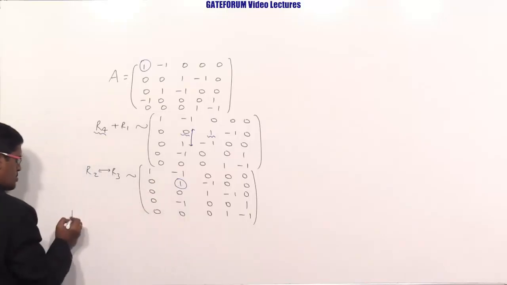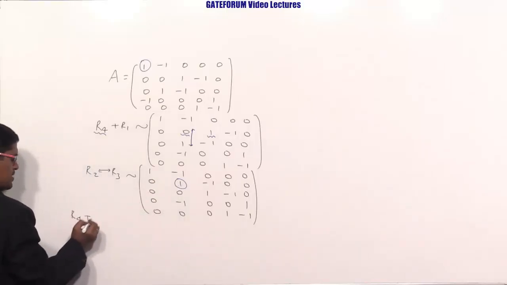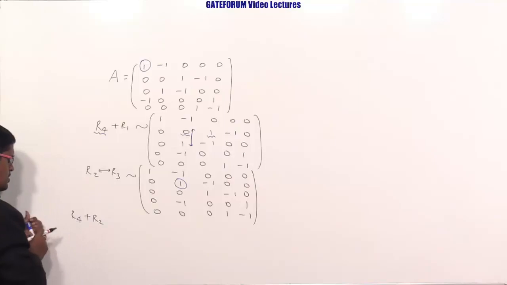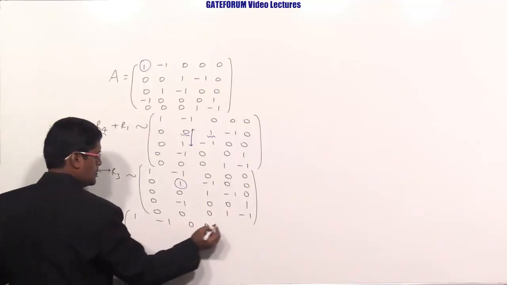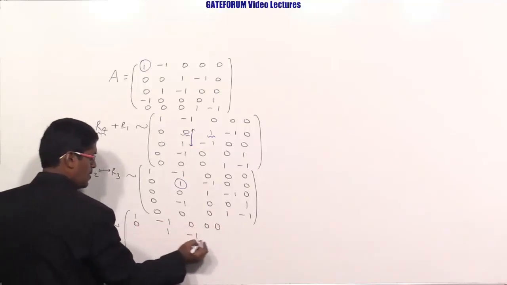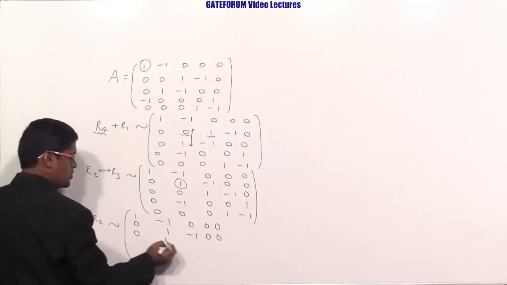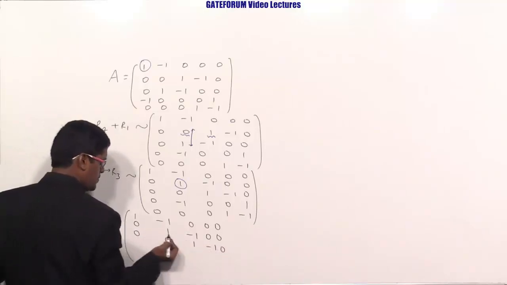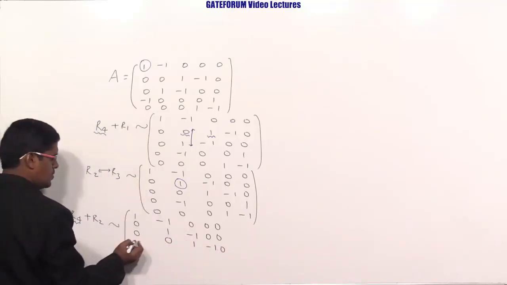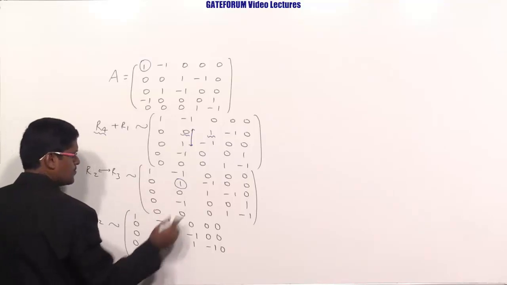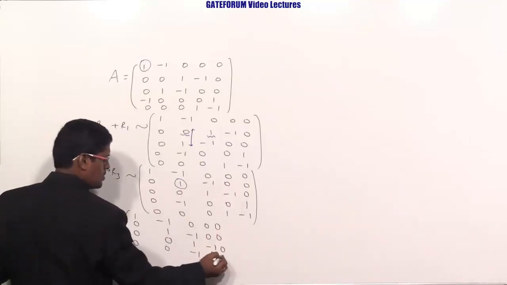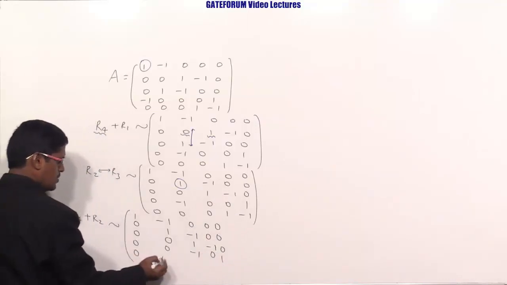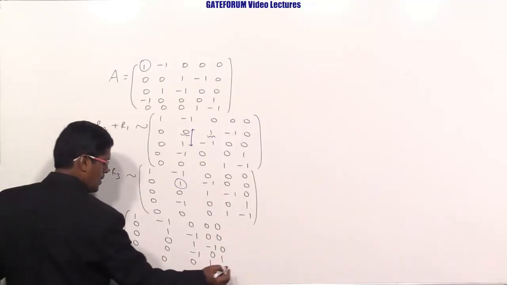So the row operation is R4 plus R2, only R4 changes. R1 same, 1 -1 and 3 zeros, R2 same, 0 1 -1 2 0, R3 is now 0 0 1 -1 0, R4: 0 plus 0, -1 plus 1 = 0, 0 plus -1 = -1, 0 plus 0 = 0, 1 plus 0 = 1. Now fifth row same, 0 0 0 1 -1.